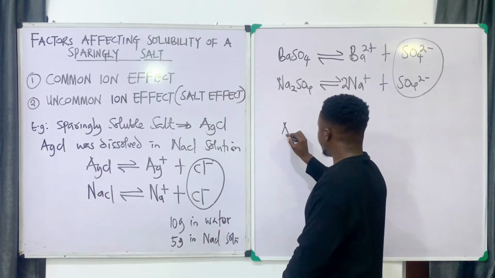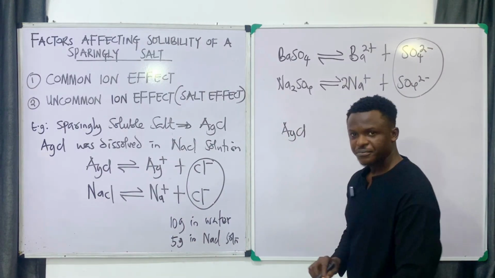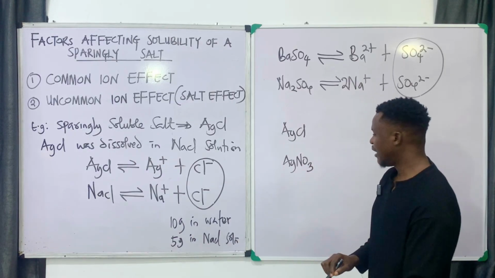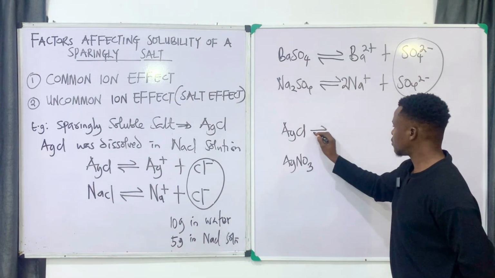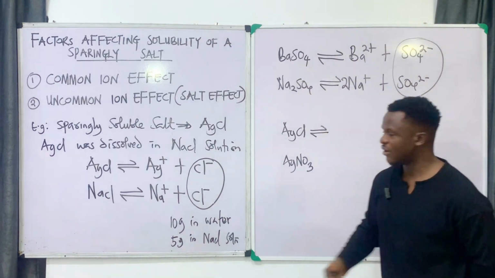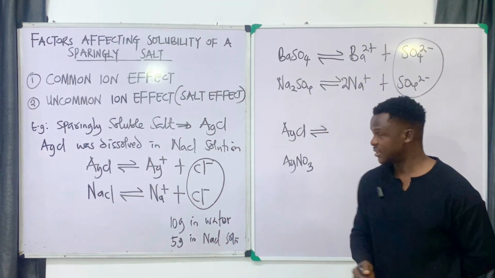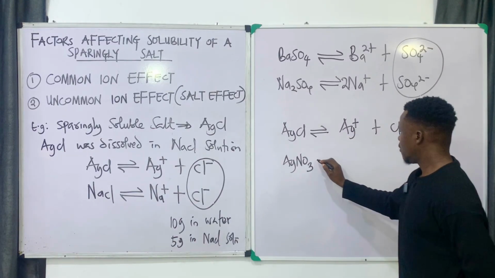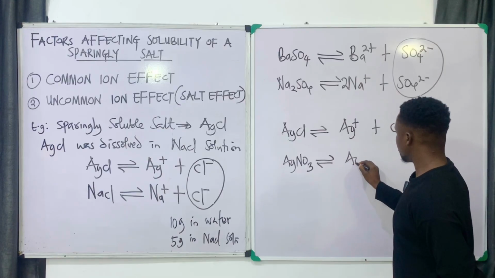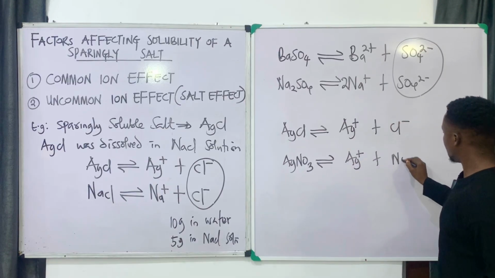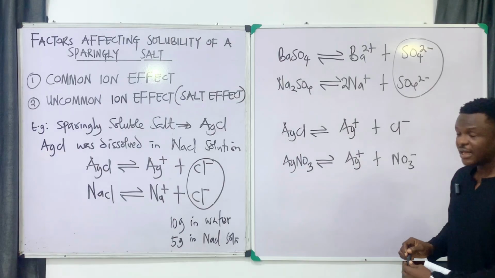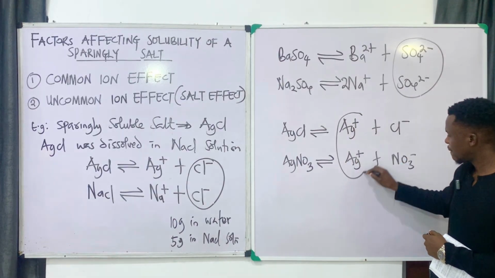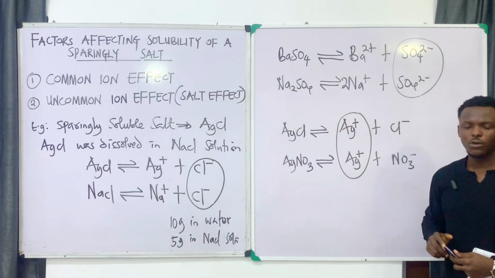How about if I have a sparingly soluble salt, AgCl, dissolved in AgNO3? So that you don't say the common ion is always negative: no, it can also be positive. AgCl gives Ag plus and Cl minus. When you dissociate AgNO3, this is Ag plus and NO3 minus. Can you see that there is a common ion here? Ag plus is common.